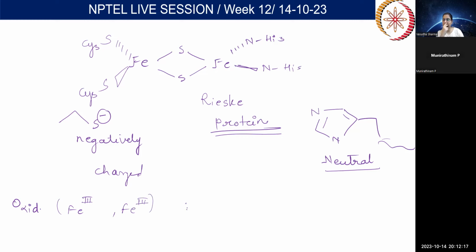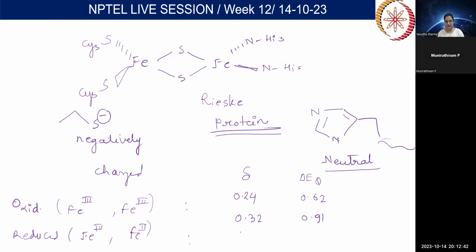Since they have different environments, now their delta values would be different. They can't have the same value. One has 0.24, the other has 0.32. Delta EQ values are 0.62 and 0.91. Similarly, for the reduced state, they were anyway different, iron 3 and iron 2.